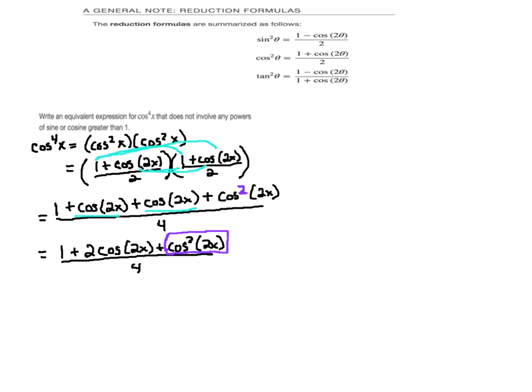Okay, so I'm just going to rewrite everything. 1 plus 2 cosine of 2x plus, okay, let me grab my purple pen again.